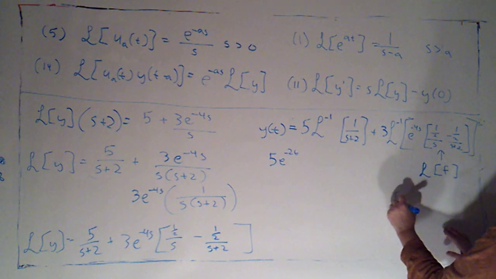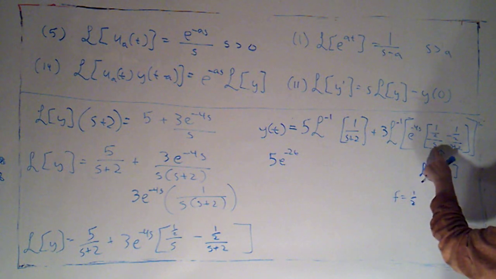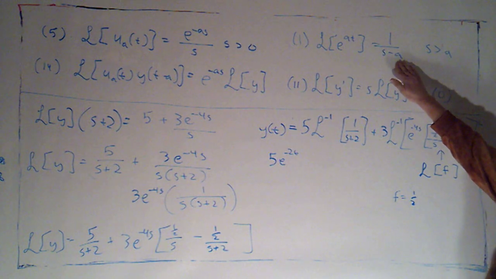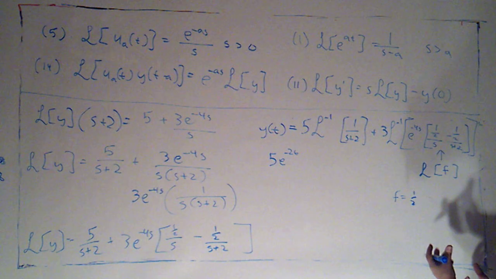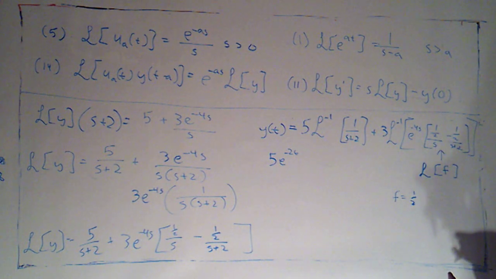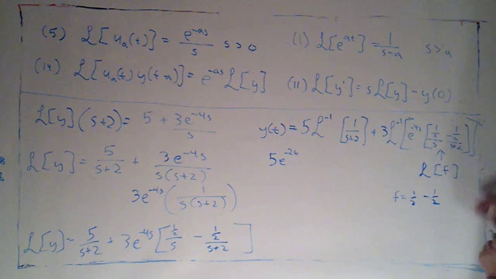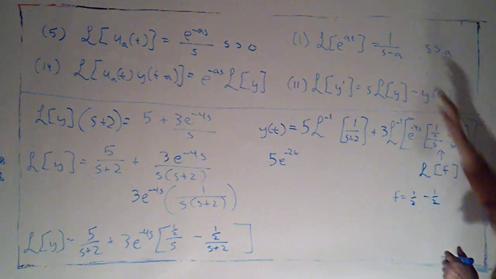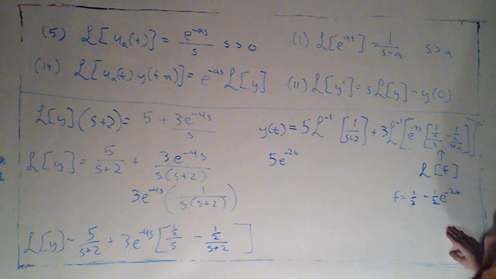Okay, so f would be 1/2 the inverse Laplace transform of 1 over s, which is what I would get here if a is 0. So that would be e to the 0t, which is just 1, minus 1/2 the inverse Laplace transform of 1 over s plus 2, which is what I get if a is negative 2, so e to the negative 2t.